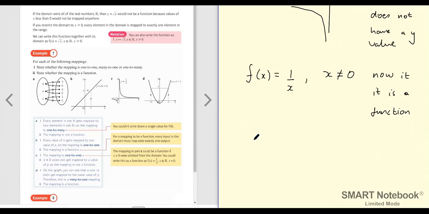All right. What about this? X squared plus y squared equals 25. Is this a function? Yes or no?